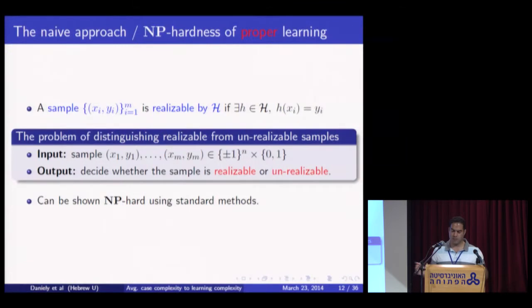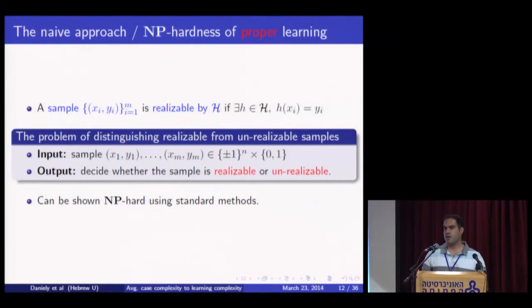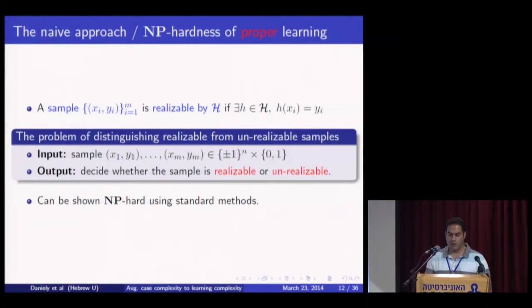The input is a sample, and we should decide whether the given sample is realizable or not. This is a computational problem. Sometimes it's easy, sometimes it's hard, and if it is hard, we might get lucky, and we usually get lucky, and we're able to show that it is hard by a reduction from some NP-hard problem.